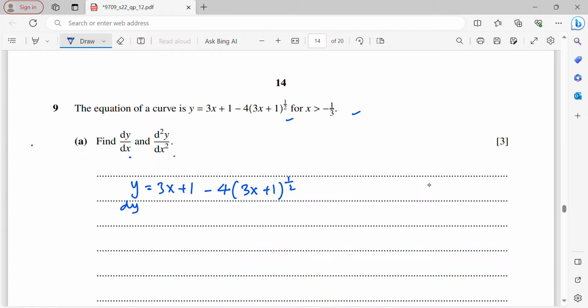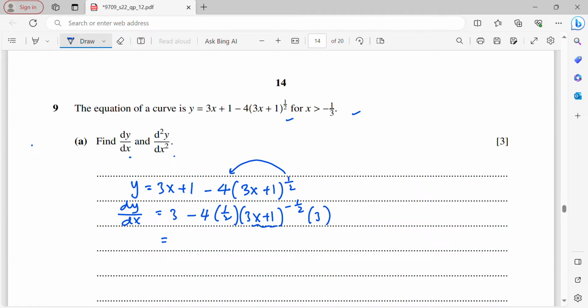So now my dy over dx, it will be, differentiate 3x is 3, differentiate plus 1 is 0 because no x. Now again, this half you bring it down. So negative 4 times half, this is by power rule, then 3x plus 1. Now the degree half you minus 1, so half minus 1 is negative half. Then after that, differentiate the bracket. So when differentiate 3x plus 1 is 3.